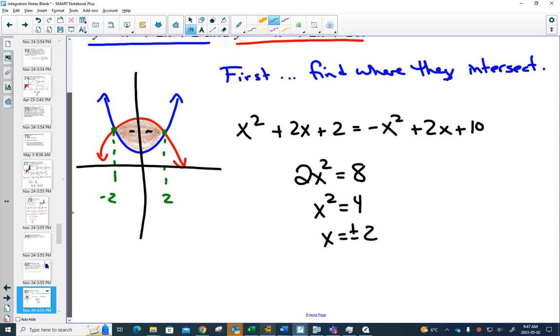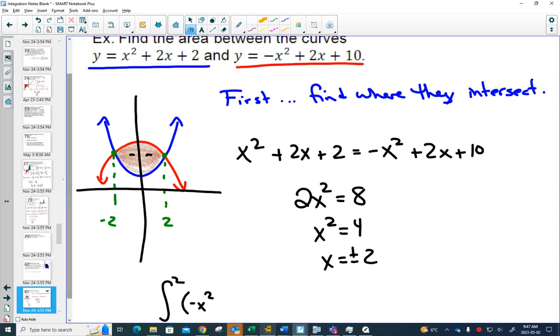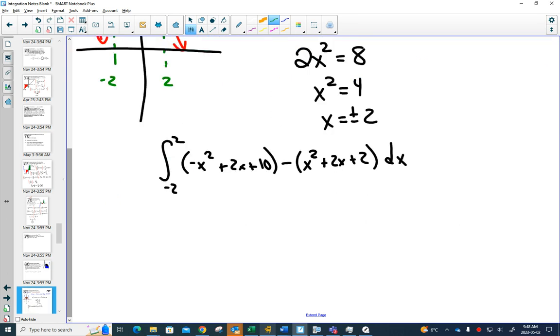So as far as setting this up, I'm now going to find my integral between -2 and 2. The red one was -x² plus 2x plus 10, minus the blue one, x² plus 2x plus 2, dx. And the reason it's nice to subtract them within the integral, instead of doing the integrals separately, is a lot of things simplify.